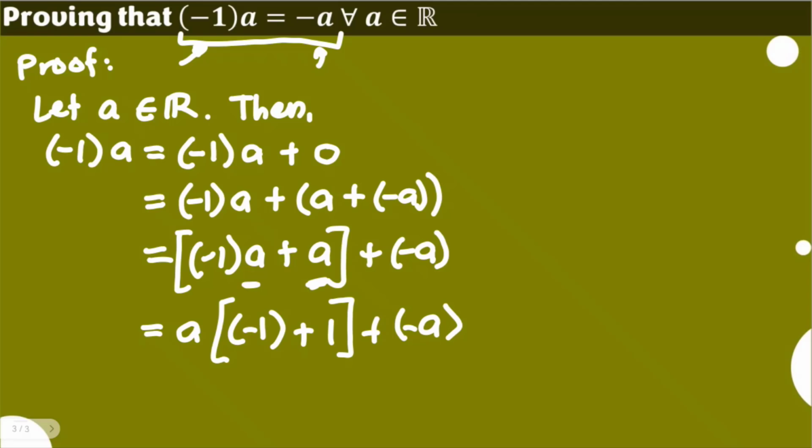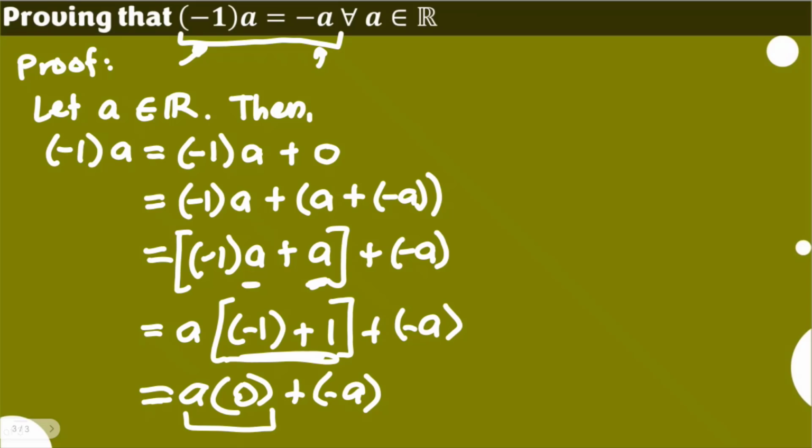By doing that, what is left in our grouping symbol are just exact values of -1 and 1, and we can simply simplify them into 0, plus -a. We have the -1 and +1 equal to 0, and the product of this, now we can do that because it's 0 times a. So you will have here 0 plus -a, which then gives us -a.